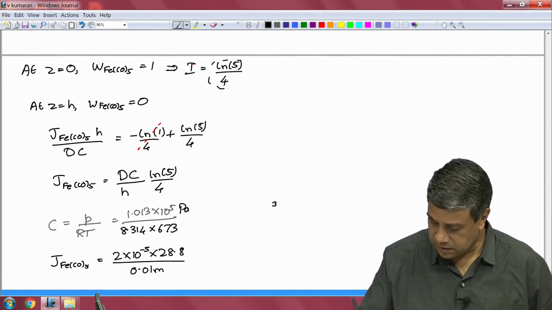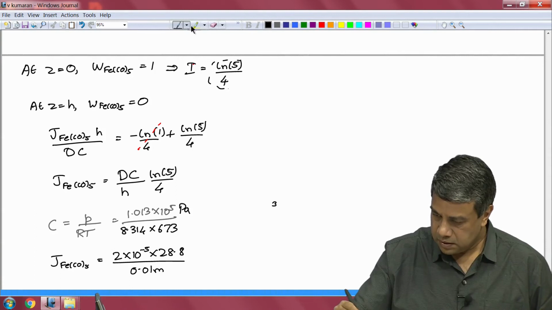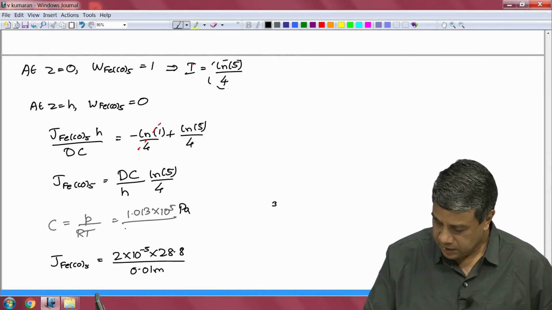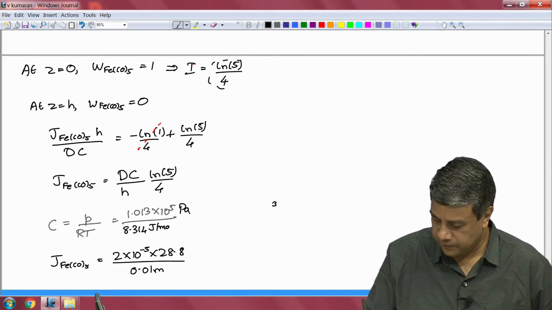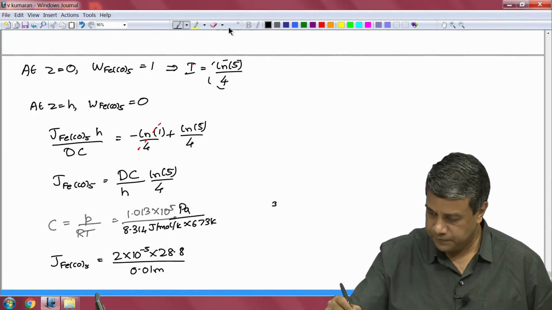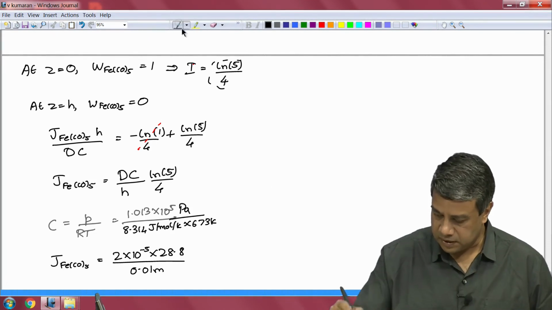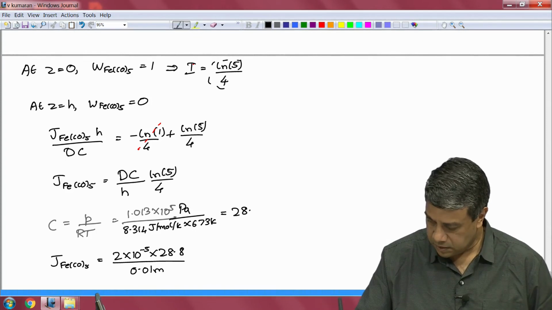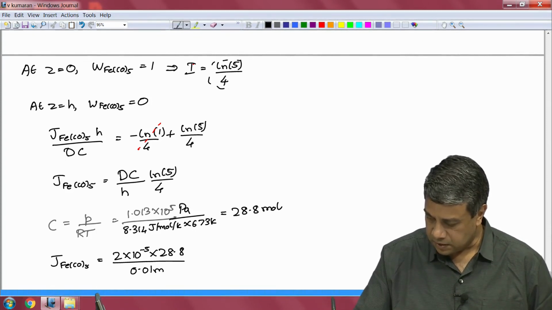This is in Pascal, divided by 8.314 joules per mole per Kelvin into 673 Kelvin. And this gives you the answer of 28.8 moles per meter cubed.